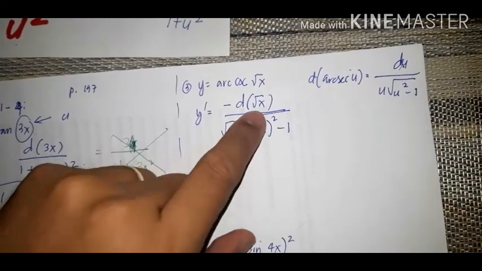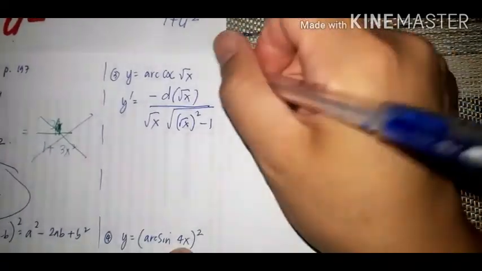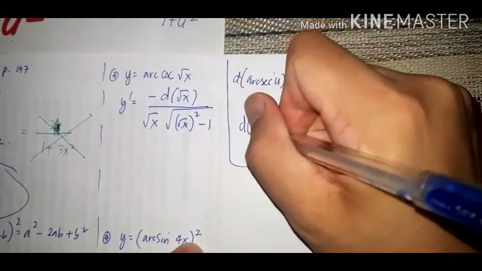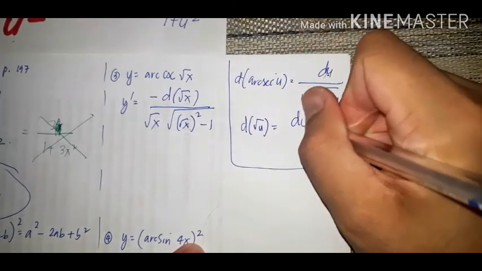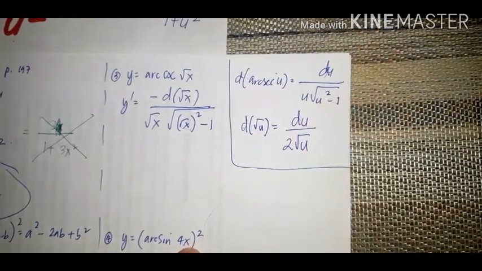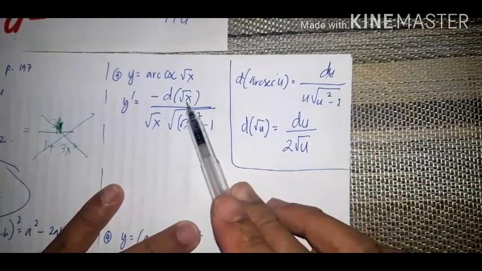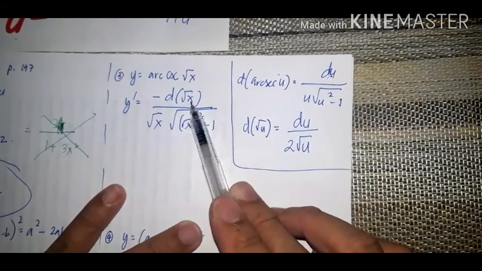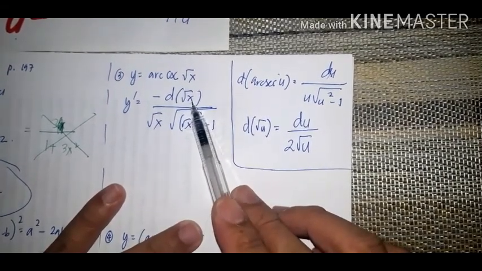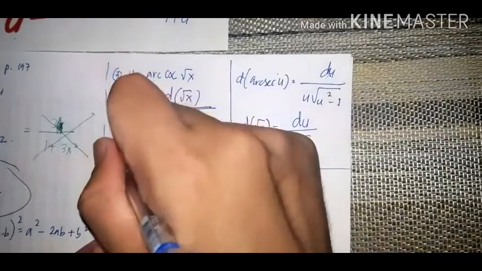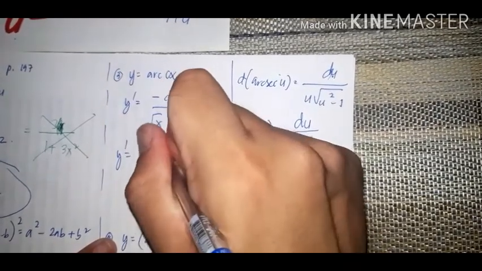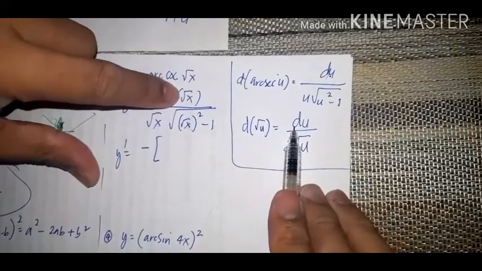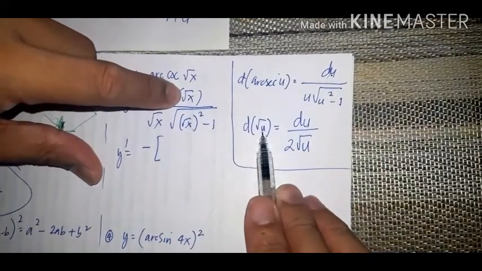So, what is the derivative of square root of x? Meron tayong formula that the derivative of square root of u is du over 2 square root of u. So, if this is a square root of x, that is simply derivative of x, which is 1 over 2 square root of x. So, y prime here is negative quantity, derivative square root of u, square root of x.